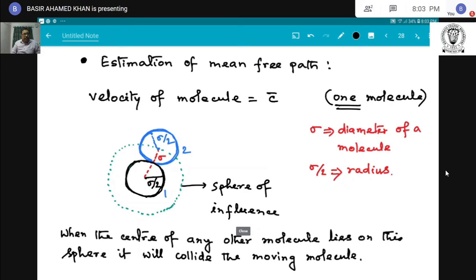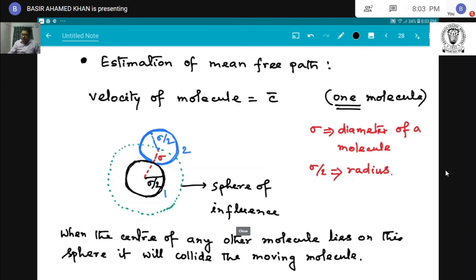It is obvious. So the sphere of influence of the moving molecule traverses a cylinder of radius sigma and length c bar per second.